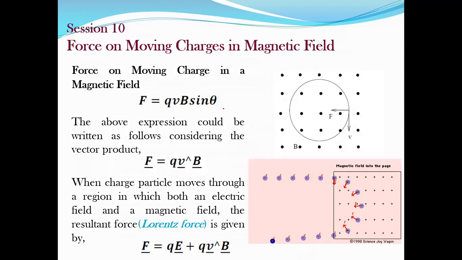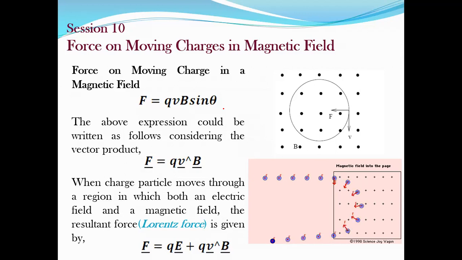Force on a moving charge in the magnetic field, right? Here we are representing it in vector notation. We have the charge moving, entering with velocity v into the magnetic field.